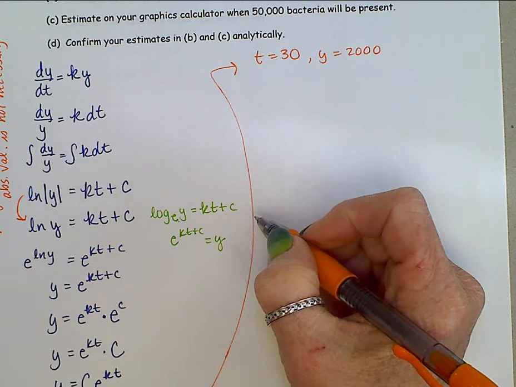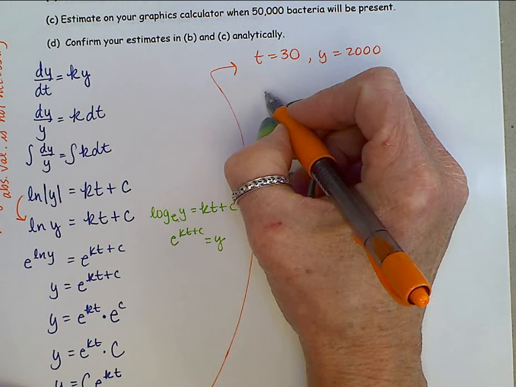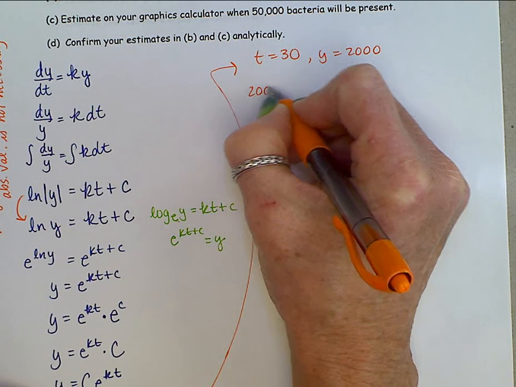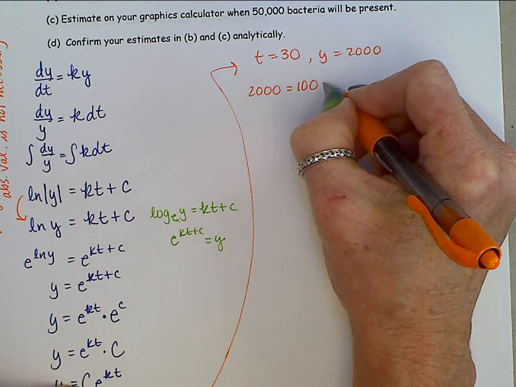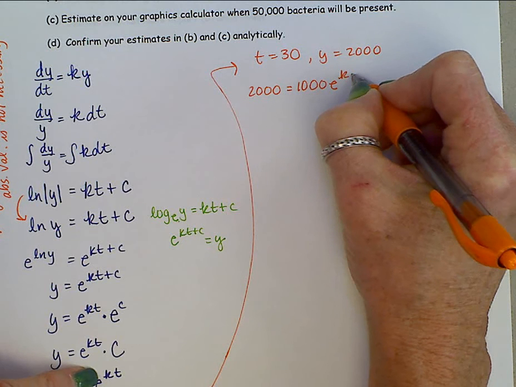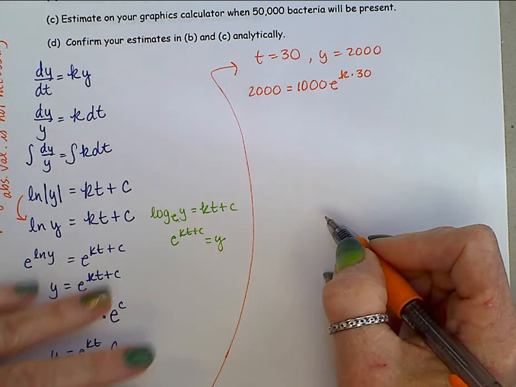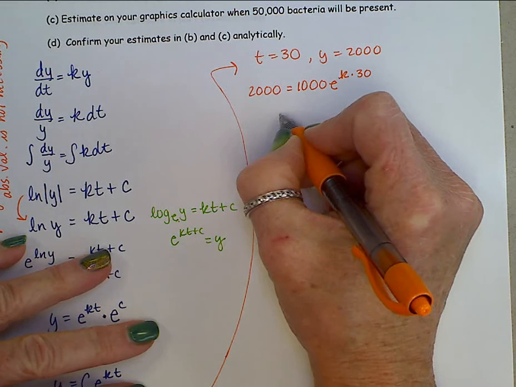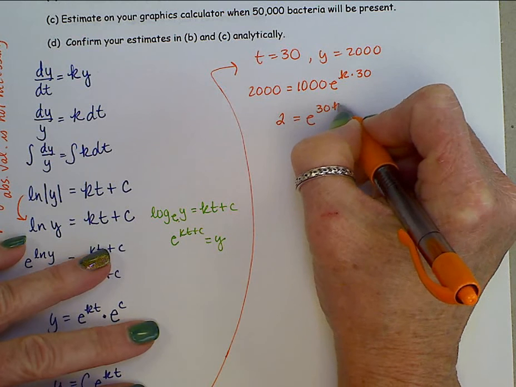And when we plug this information in, we're going to have 2,000 equals C, 1,000, e to the k times 30. I'm going to divide out the 1,000 and we'll have 2 is e to the 30 k.